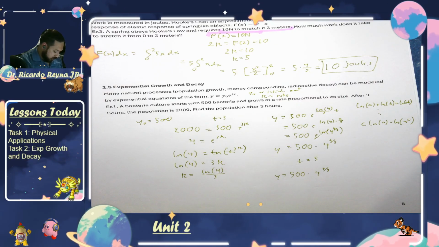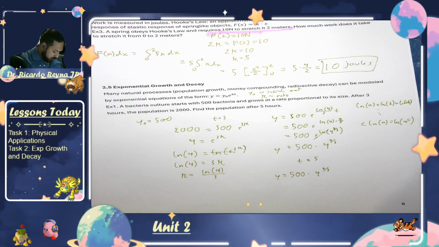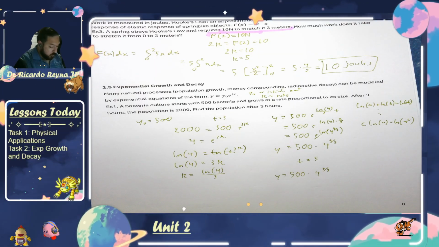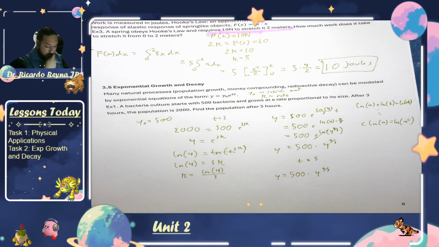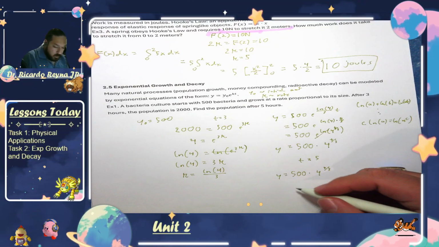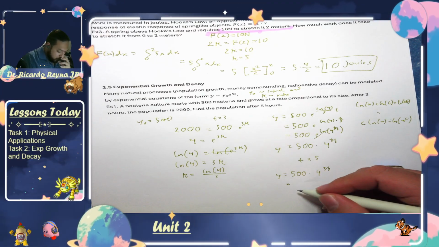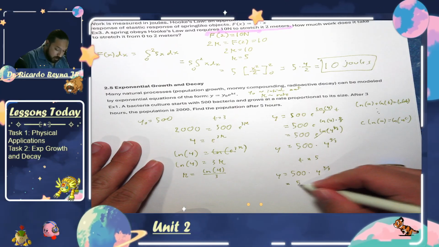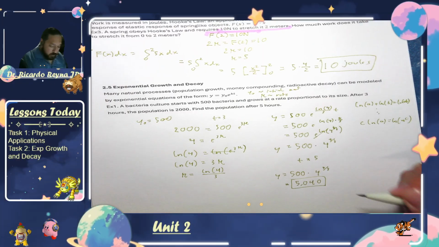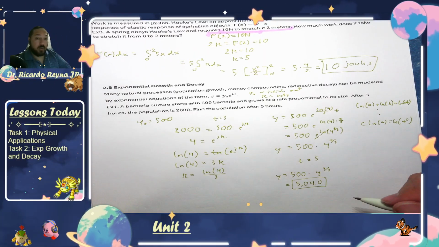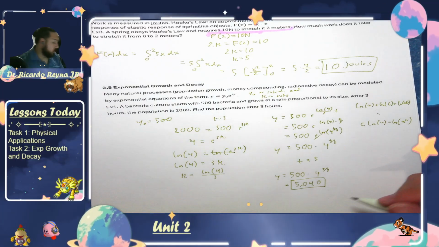I'll just type it in, but at this point, we could just type in the whole expression. So 500 times this 4 to the power of 5 over 3. And if it's population, I'm going to go ahead and round up and I'll get 5,040. So hopefully when you type that into the calculator, you get the same thing as well.